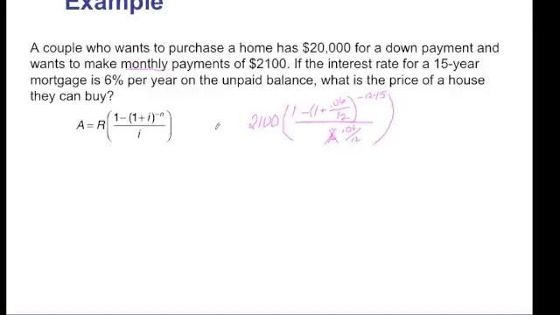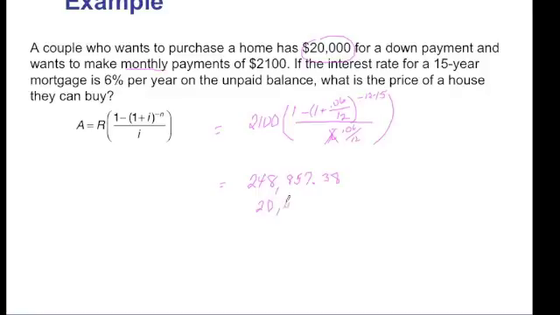I'm just going to right now tell you the answer, and the next thing I'll show you is how you actually get this all in the calculator. But the answer to that equals $248,857 and 38 cents. Now that's how much you'll be making in payments, but we also have this $20,000 down payment.